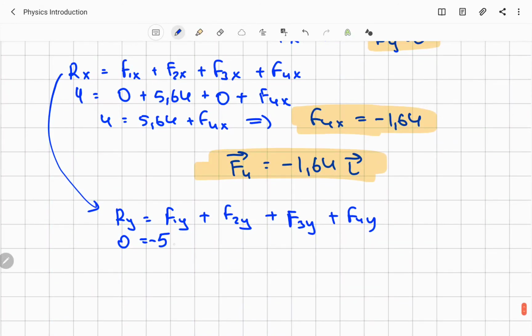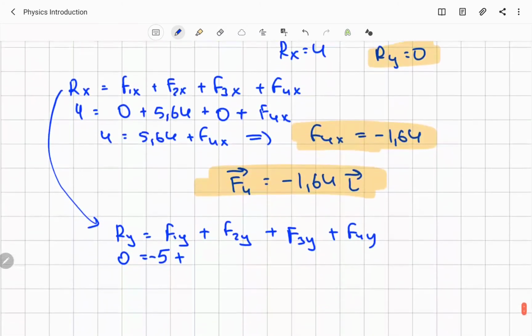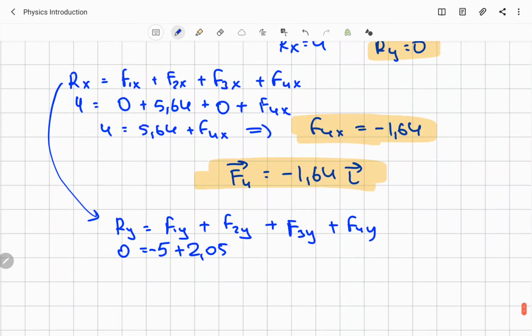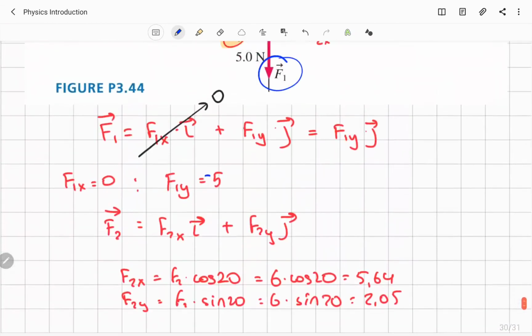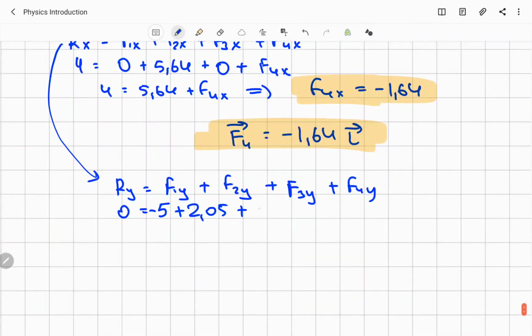So negative 5 plus f2y, which is positive 2.05, plus f3y, unknown. f4y is 0 because f4 is exactly in the horizontal direction.